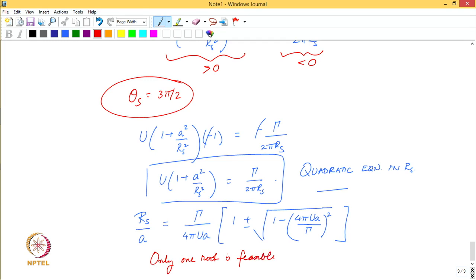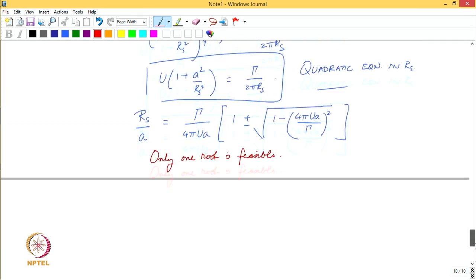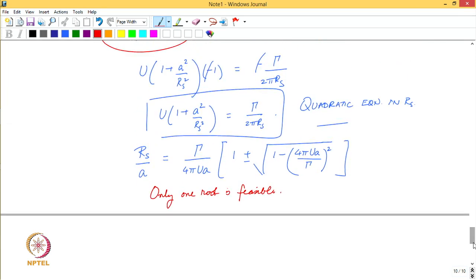So, you can take a moment here and try and think about which would be a feasible root. Okay. The way I would prove to you is that if, for instance, gamma was a very strong vortex such that gamma by 4 pi ua is going to infinity, it is a very strong vortex.